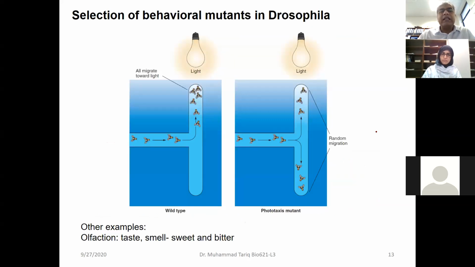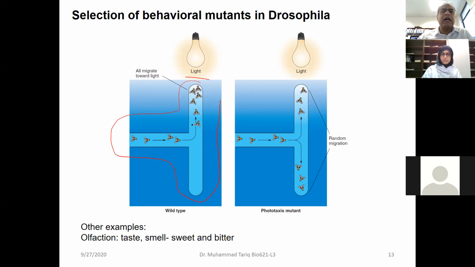This is a fly screen where they have screened for phototaxis, the behavior of flies towards light, why they are always attracted towards white, and what could be the genetic basis of this phototaxis in flies. And then this is a selection assay. Last time we talked about this T-shaped thing.